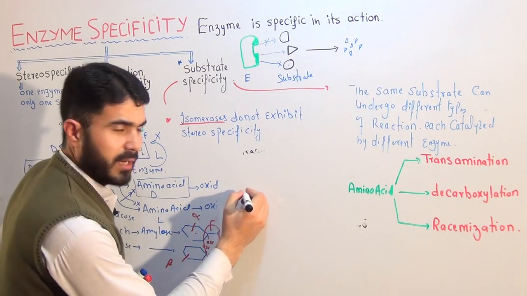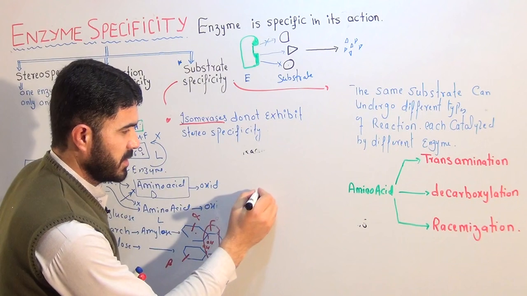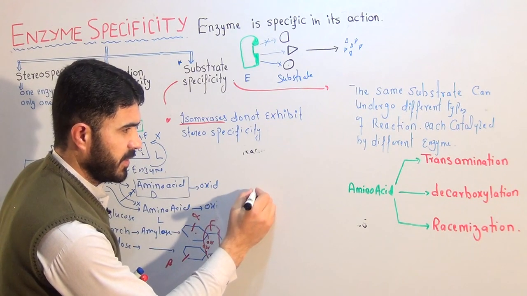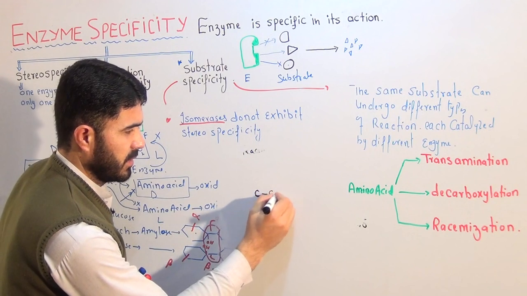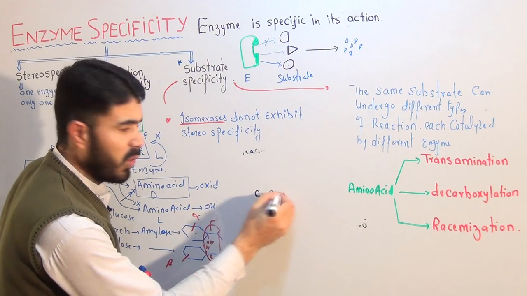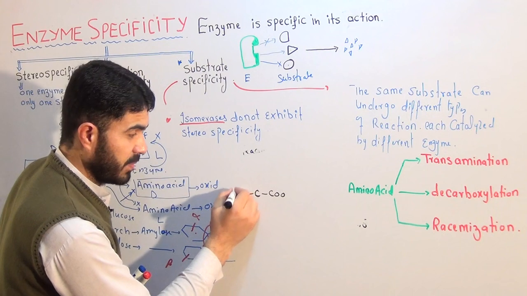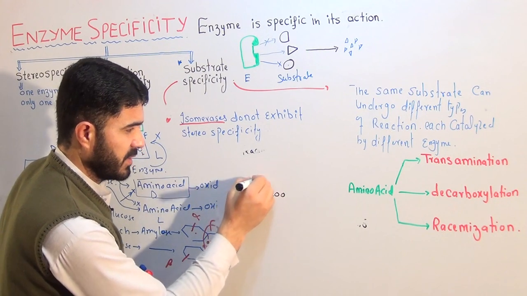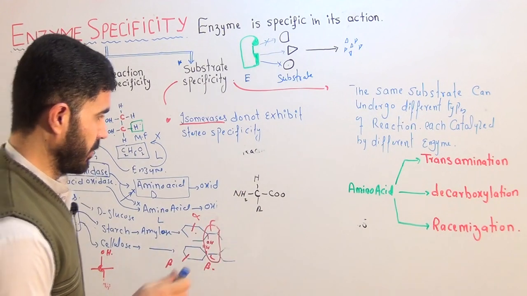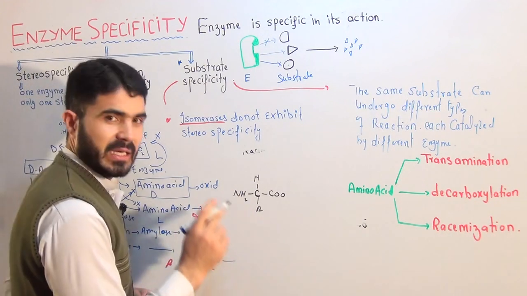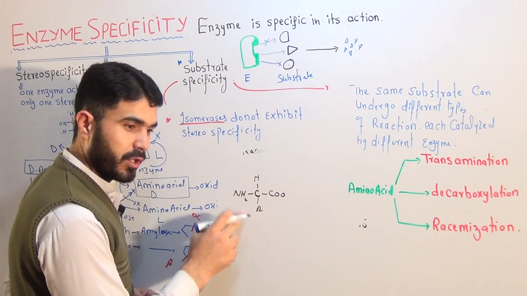Let's suppose we have one amino acid. This is the general structure of an amino acid: carbon, and here we have carboxylate, COO, and here we have the amino group NH2, and a variable group R. Look, this amino acid can undergo different reactions.